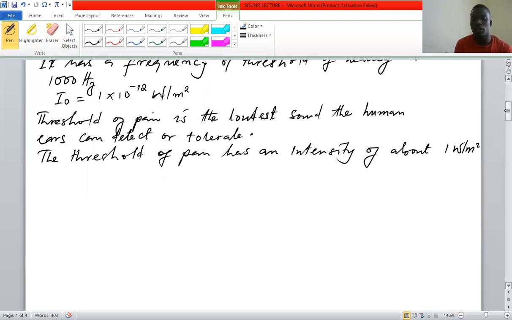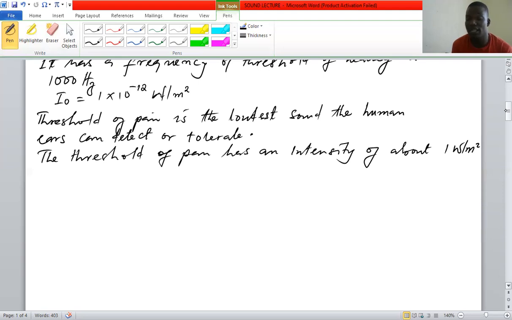So now, intensity levels are usually measured in decibels.